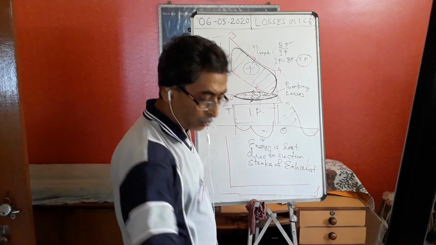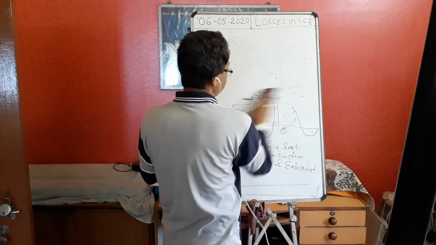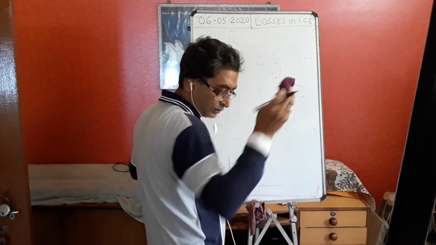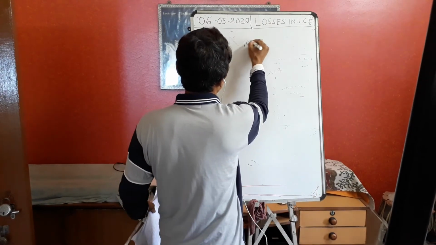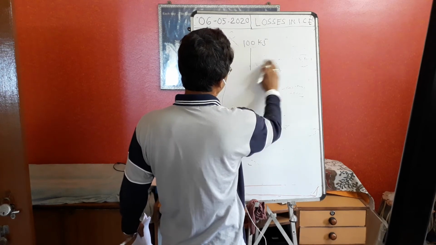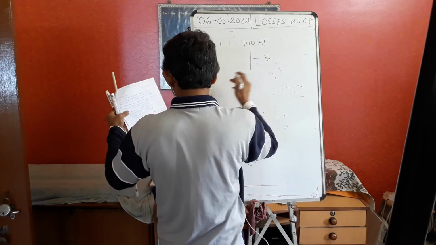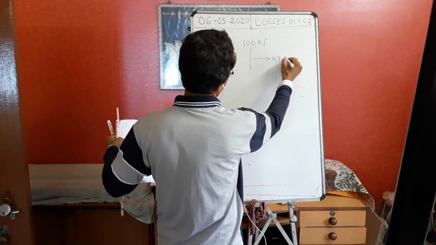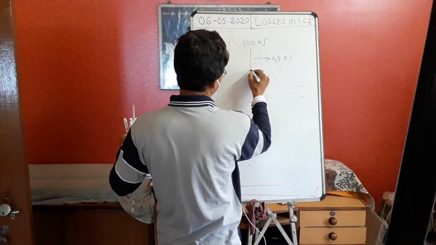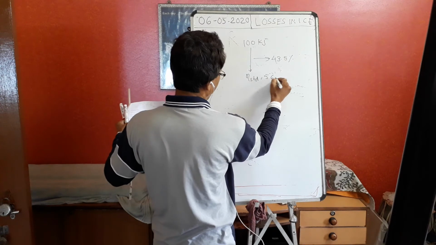Our conclusion: if we just summarize, I have given 100 kilojoule of heat to the engine, then 43.5% heat is lost to the environment, then we get the air standard efficiency of 56.5.